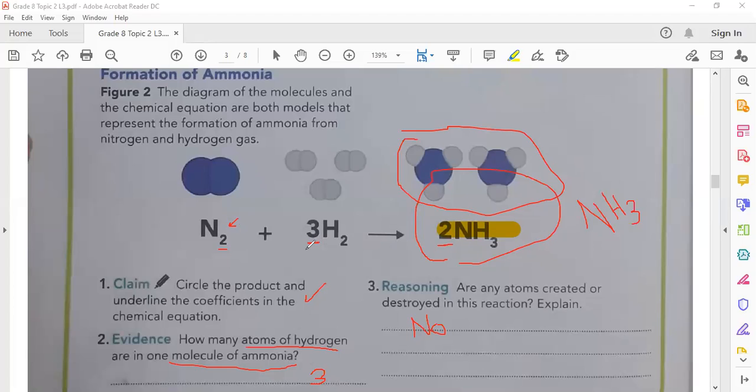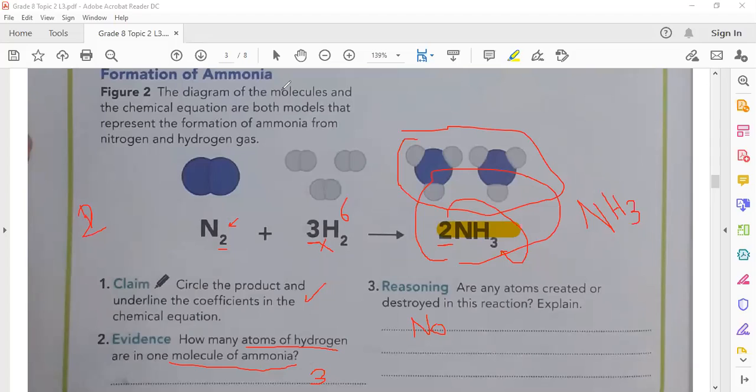How many hydrogen atoms do we have? 3 multiplied by 2 is 6. If you want to find the number of atoms in any molecule, you multiply the coefficient by the subscript. Fine.